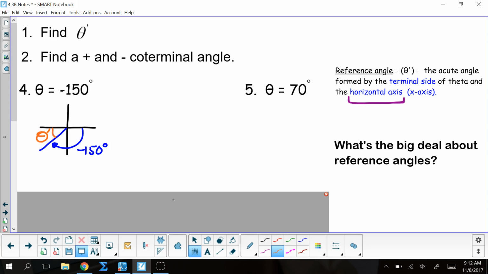It comes off of the horizontal. So the first question, find theta prime. Well, theta prime is going to be 30 degrees. Okay?